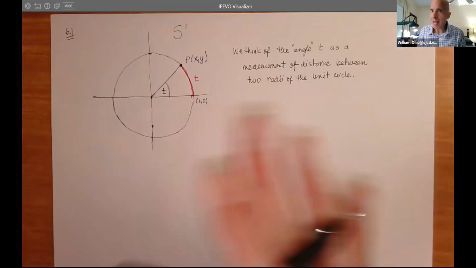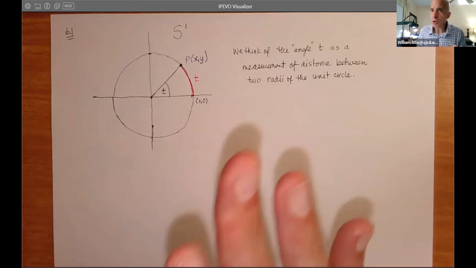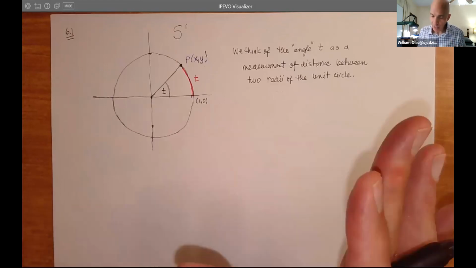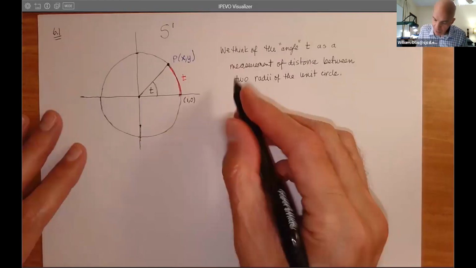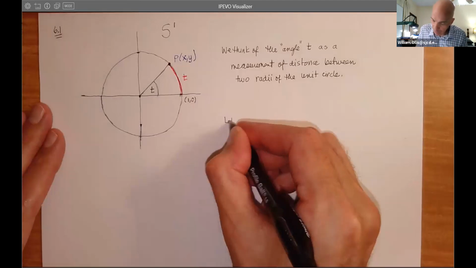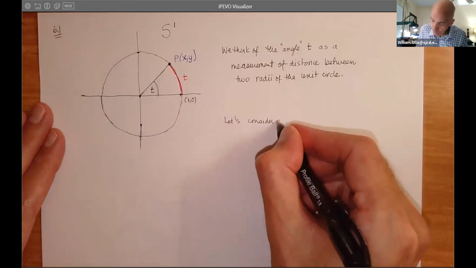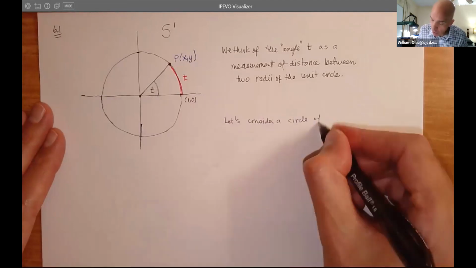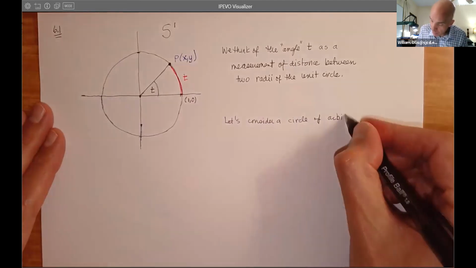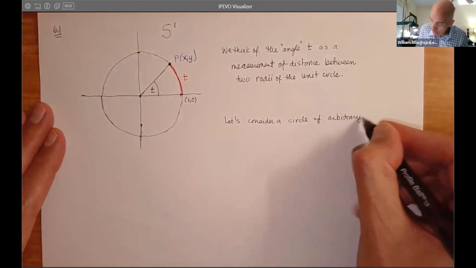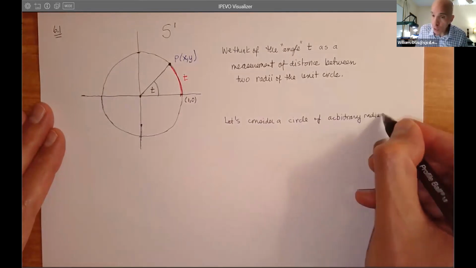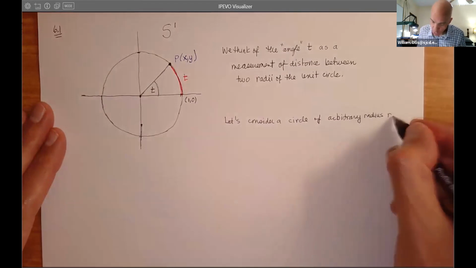So now we think of an angle of a circle of arbitrary radius. So now let's consider a circle of arbitrary radius R.